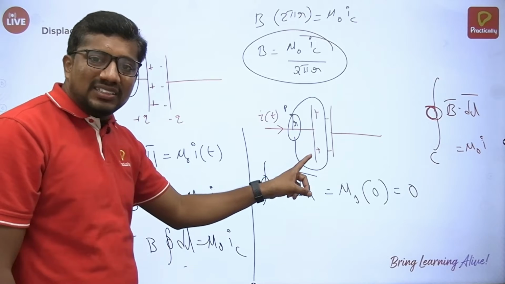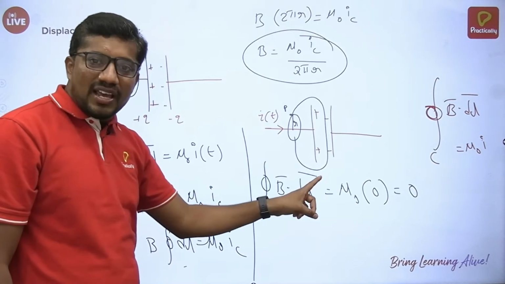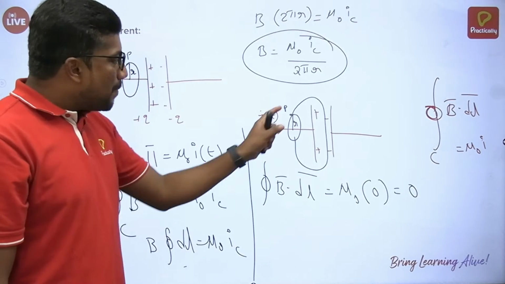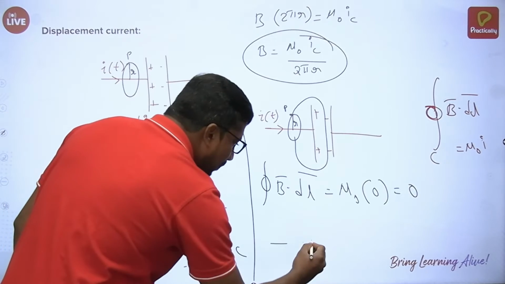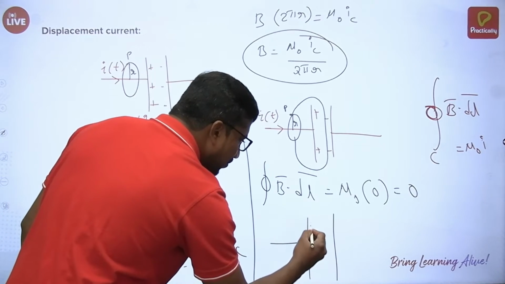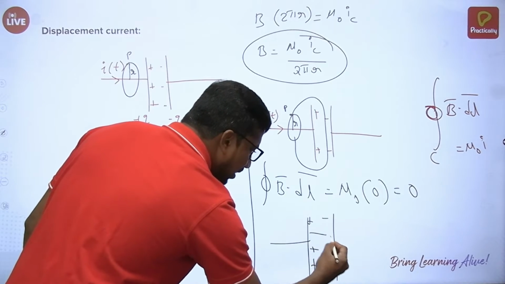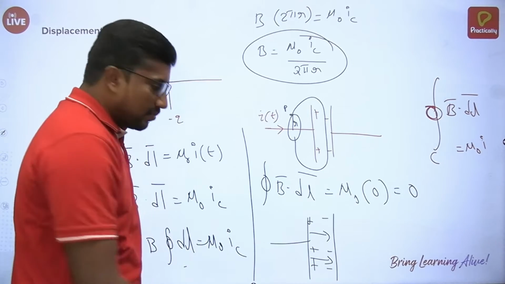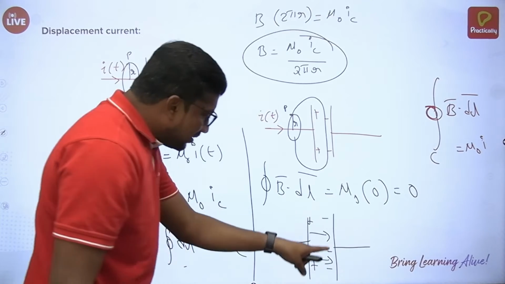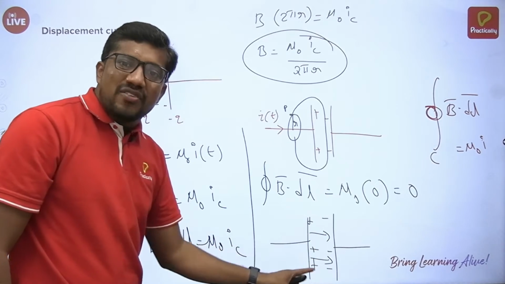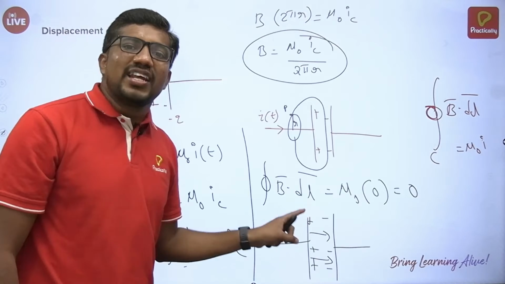Outside of the plates, the conducting current IC is 0 here, but still there is a development of magnetic field between these two plates, with the electric field directed like this. Got it? That electric field produced in between these plates is varying with time.